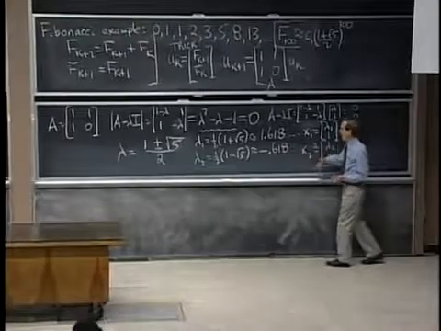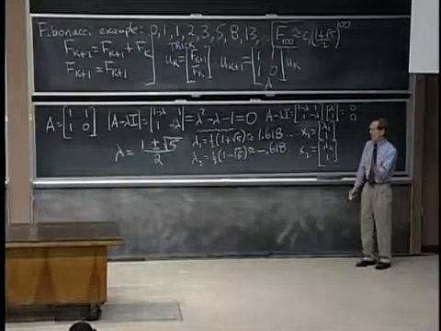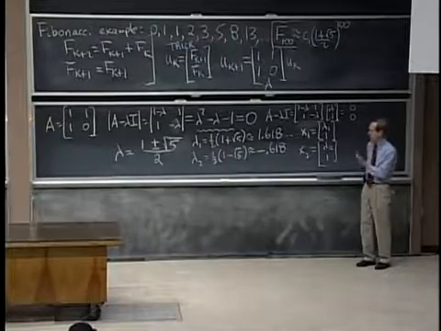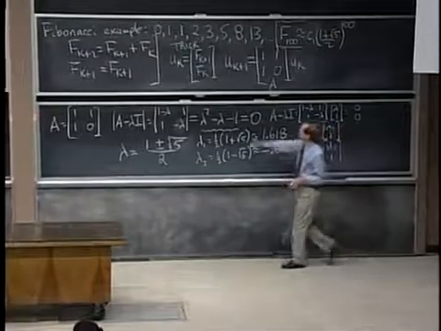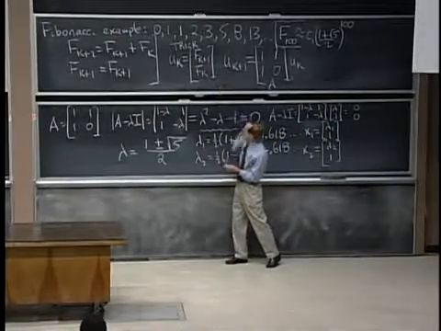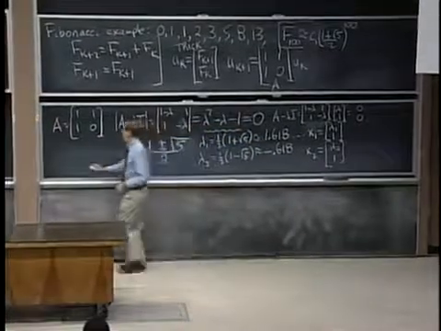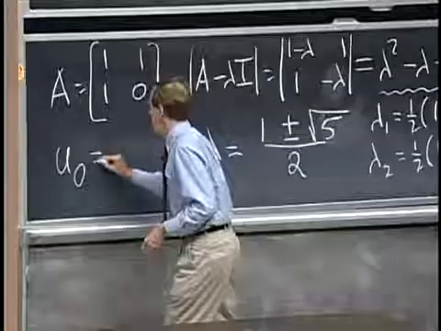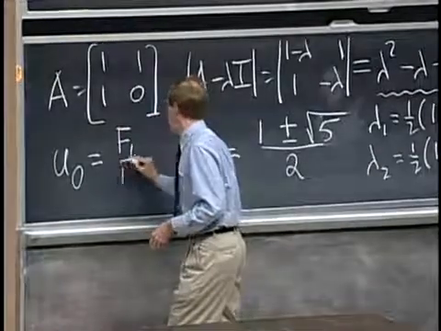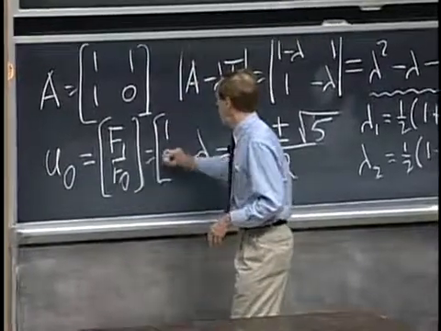So now I finally have to take the initial u0. To complete this example entirely, I have to say, okay, what was u0? u0 was f1, f0. So u0, the starting vector, is f1, f0, and those were 1 and 0.